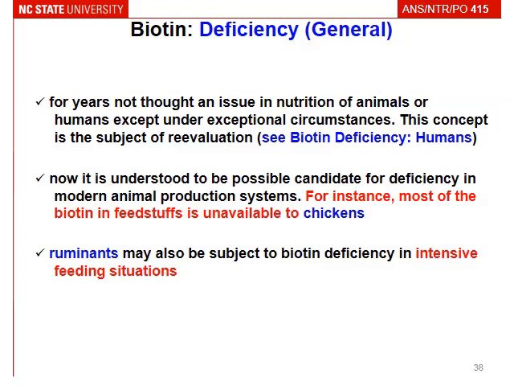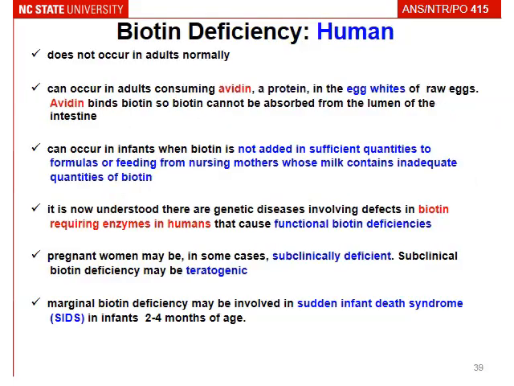The problem with the chickens, if you recall, is that the intestine is so short that they really don't have as much time to ferment the products to make the biotin more available to meet their requirements. So that's why poultry in particular are more susceptible than a lot of the other animals we've discussed.